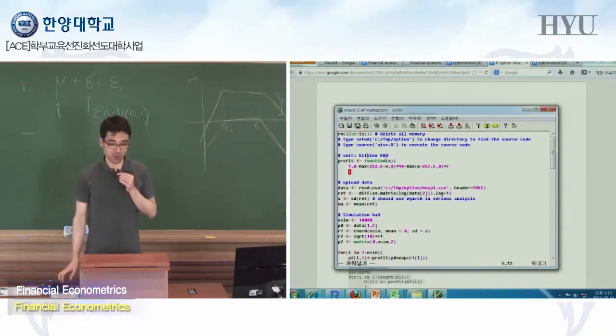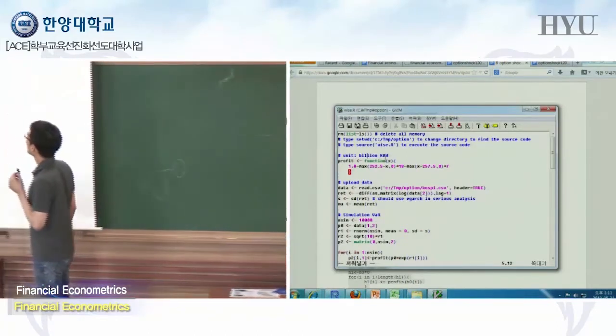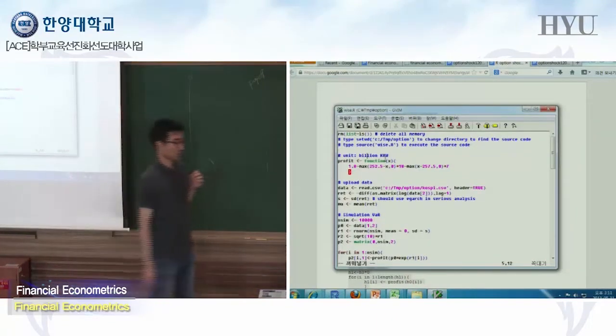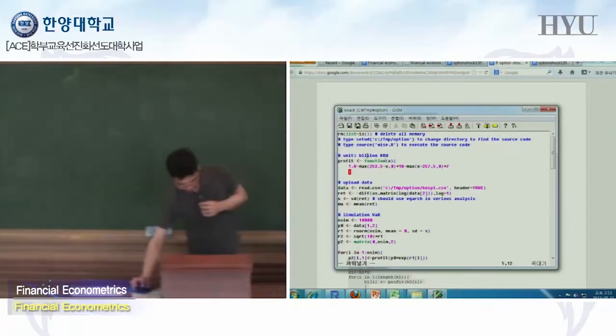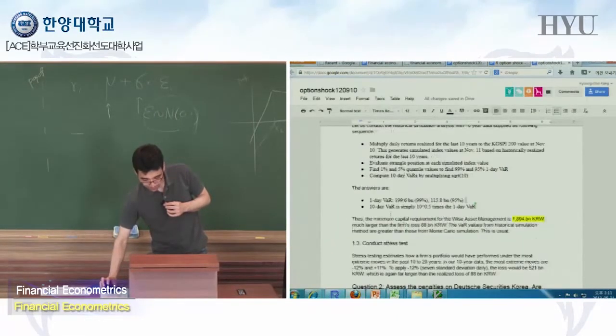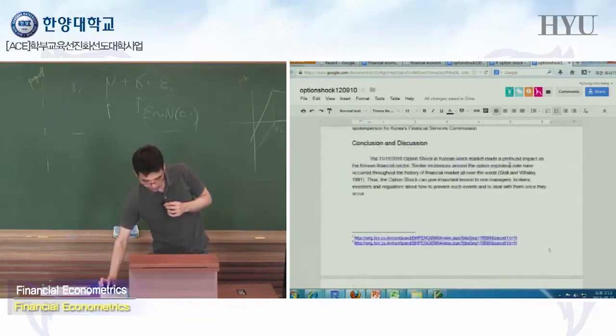our short straddle position. The unit is a billion Korean won, right? In the option shop, let me go to the figure again.